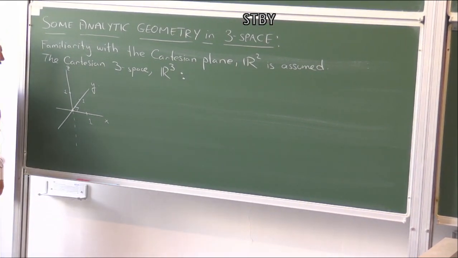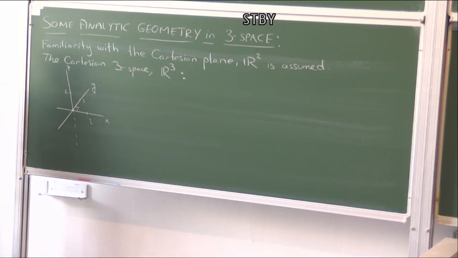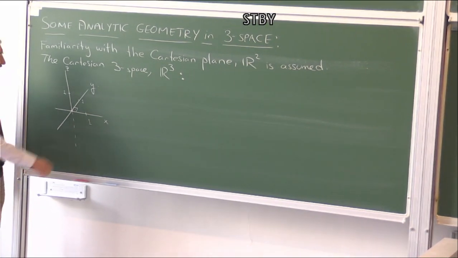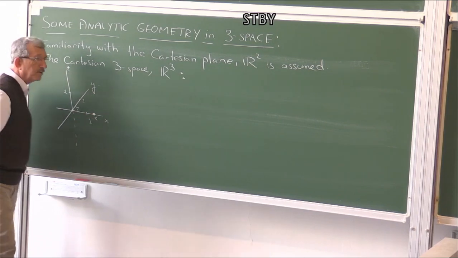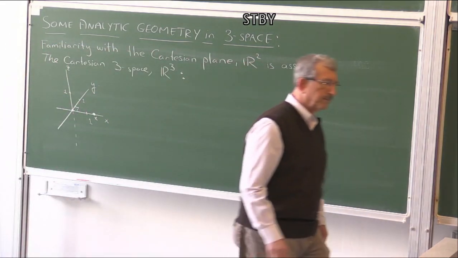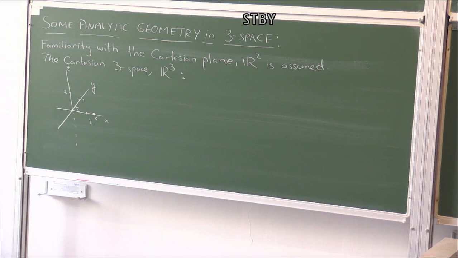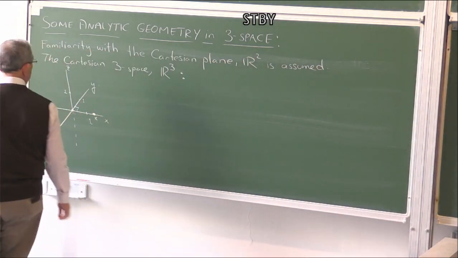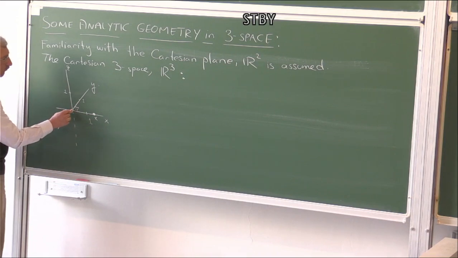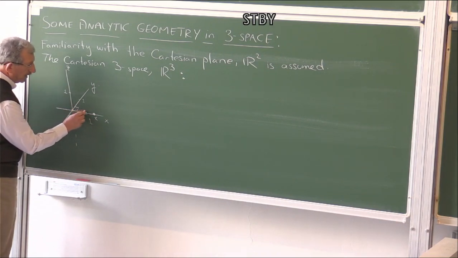So, how do we show points in here? Well, we have some x value, could be positive or negative. And we move to this x value first.